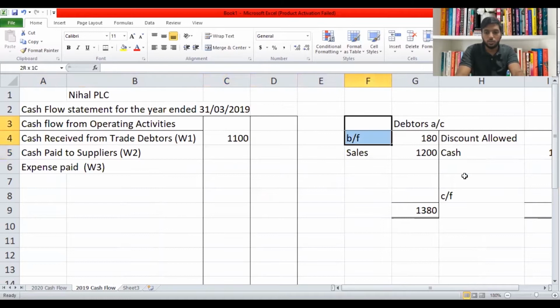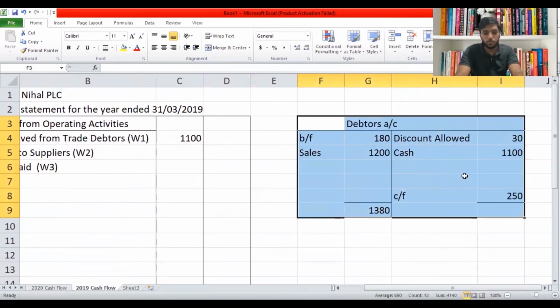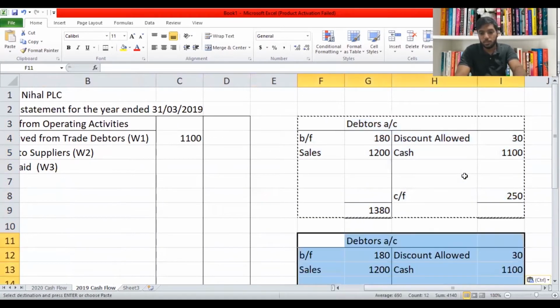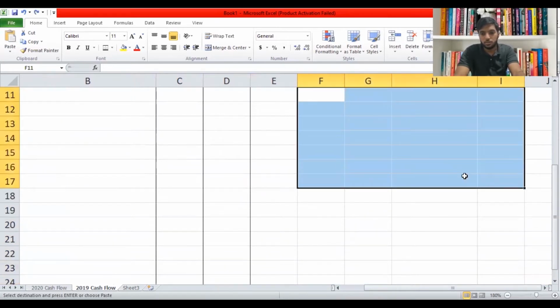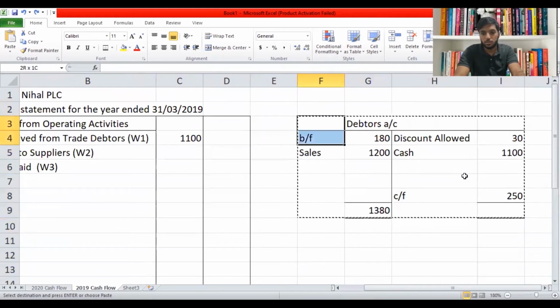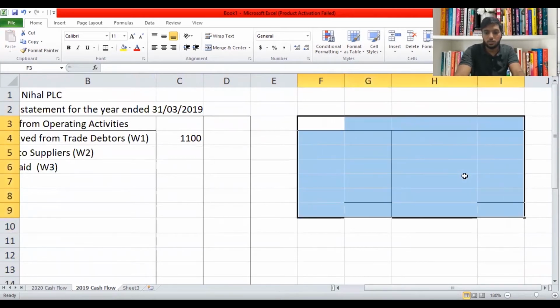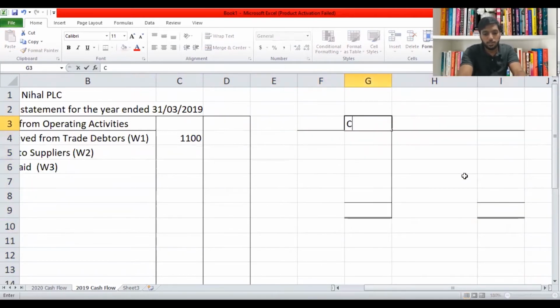I just need to know what my payables account is. So I'll move on and open our payables account. Here I'll write creditors account or trade payables account. Brought forward goes on the credit side because it's a liability, and carried forward on the debit side.